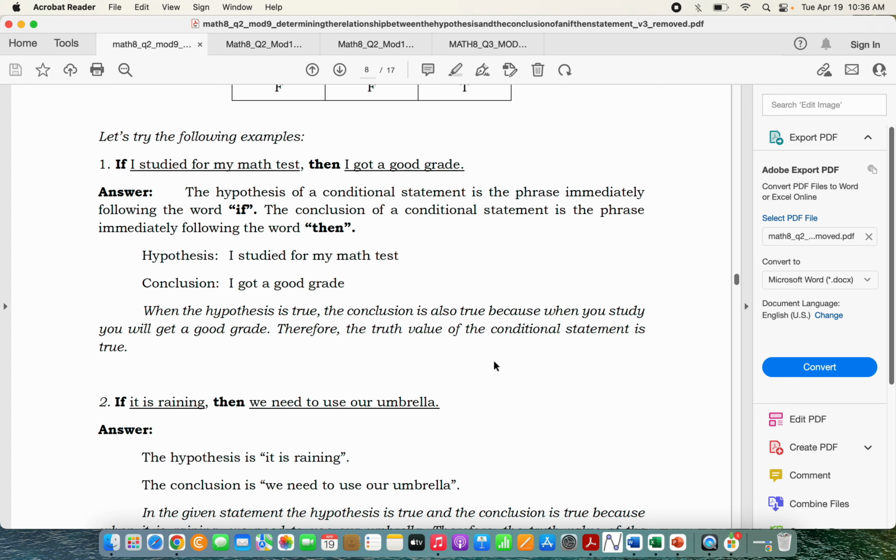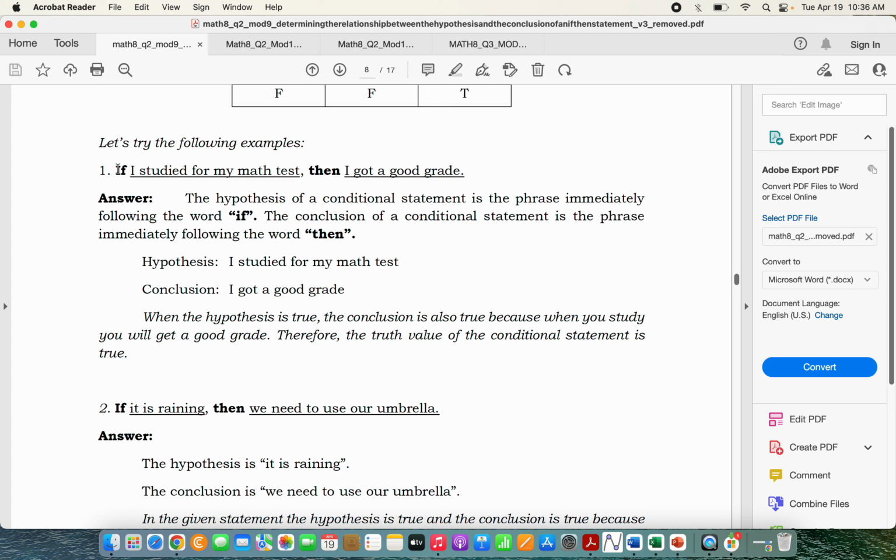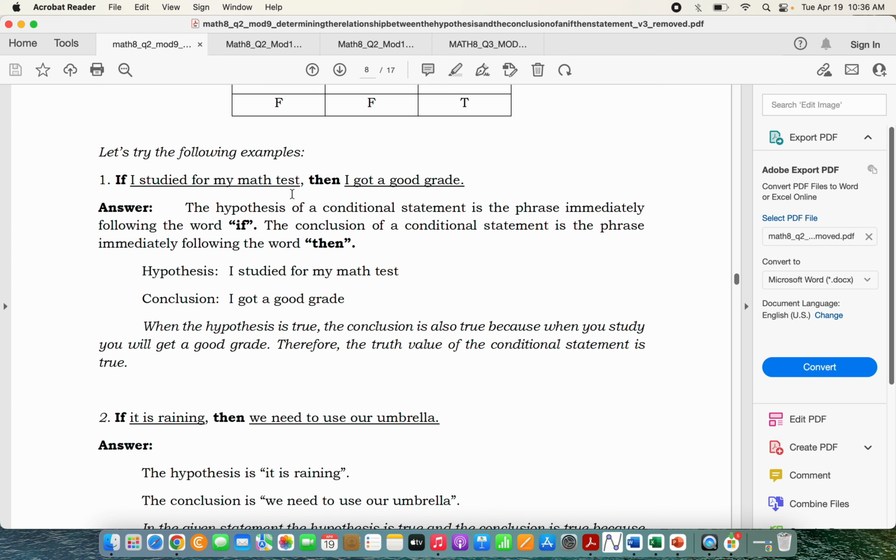So, if we're going to consider the first example we had earlier, if I studied for math test, then I got a good grade. So let us analyze if the statement is logical. If I studied for math test, so it's possible that you are studying your lessons, right?